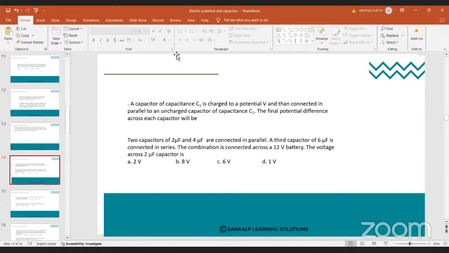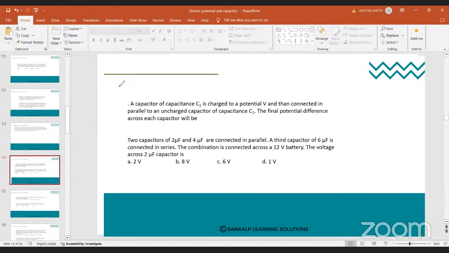See the next question. A capacitor of capacitance C1 is charged to a potential V and then connected in parallel to an uncharged capacitor of capacitance C2. The final potential difference across each capacitor will be. So first you can take the options.